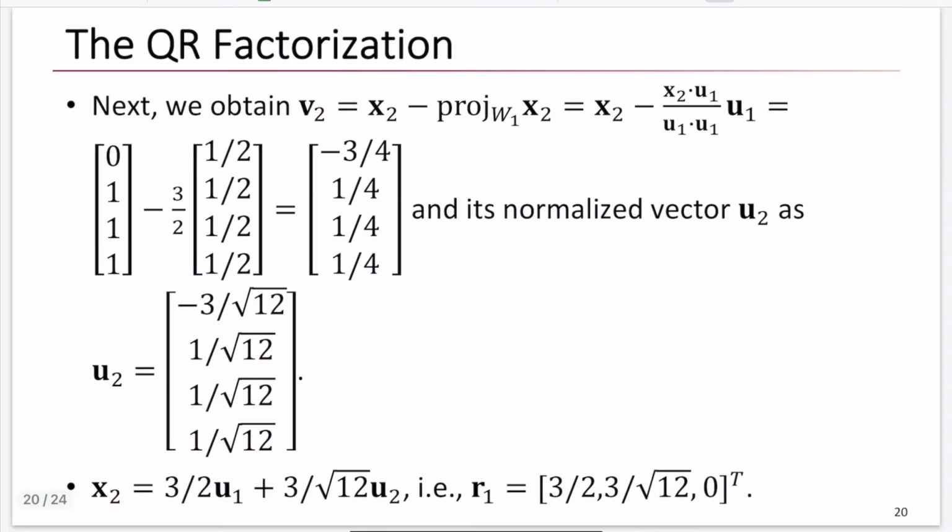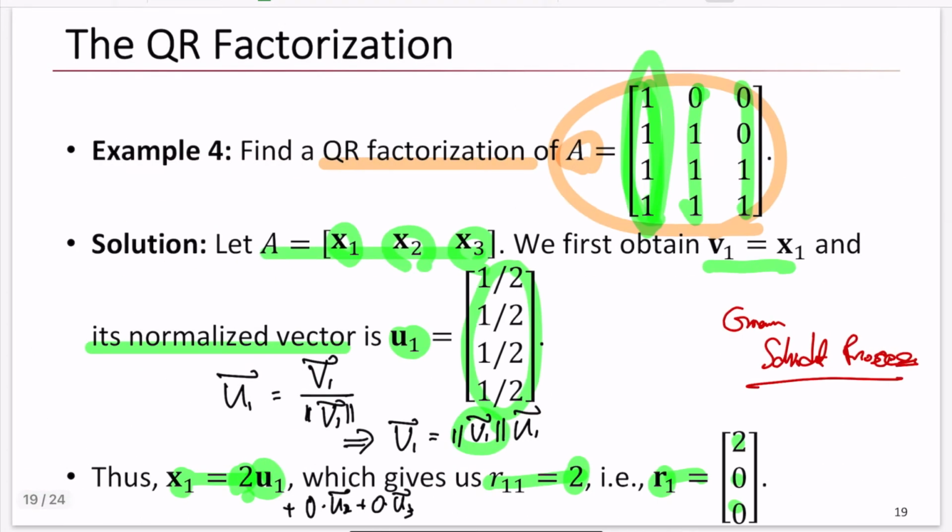Next, we obtain the next vector by the Gram-Schmidt process. v2 is going to be x2 minus the projection of x2 onto v1, as defined in the Gram-Schmidt process. So x2 was here: (0, 1, 1, 1).